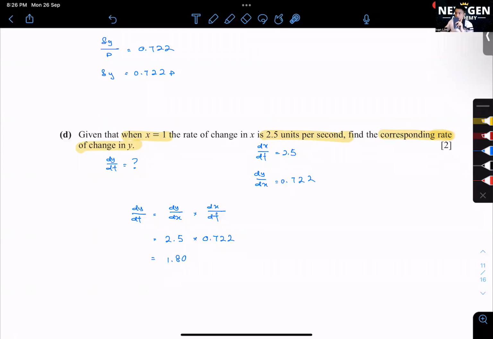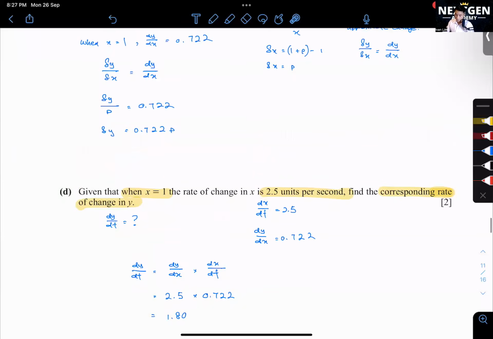And significant figures. For some of you, you're not following the significant figure, so be careful. Hold on, let me double check. Some of you get 1.81, right? Any of you got 1.81?